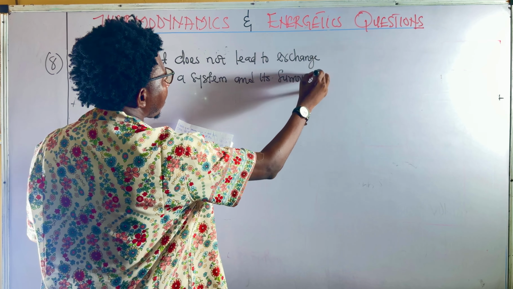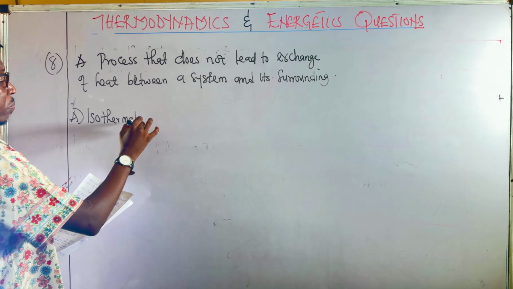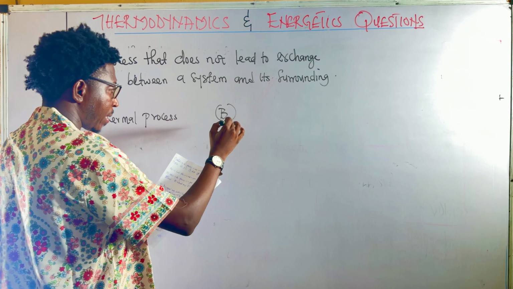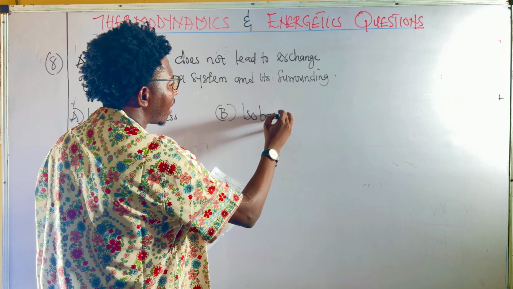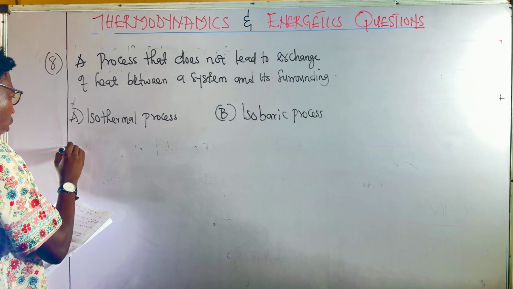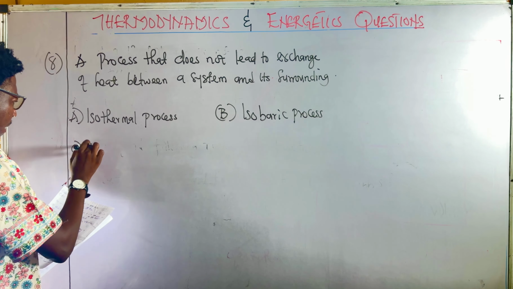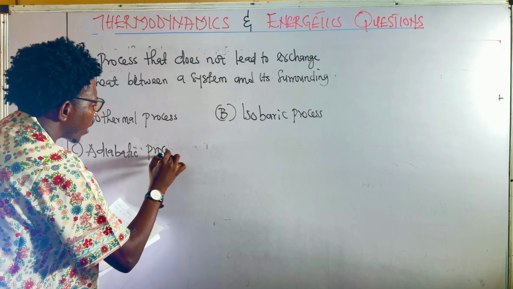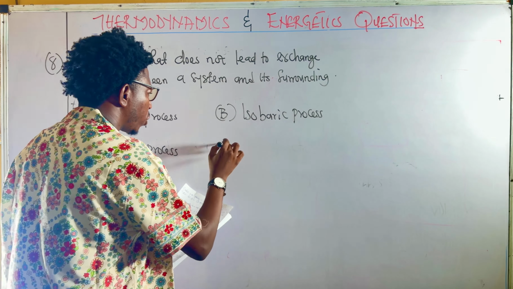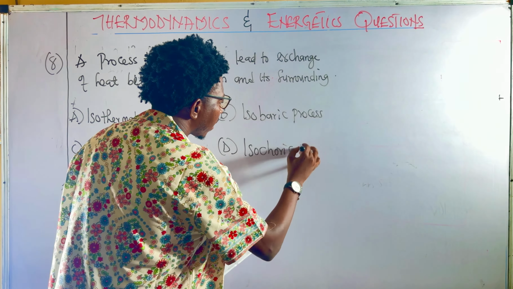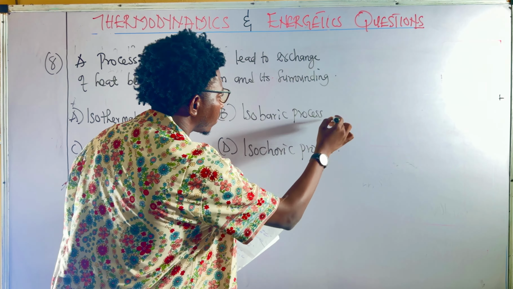Option A, isothermal process. Option B, isobaric process. Option C, adiabatic process. Option D, isochoric process.